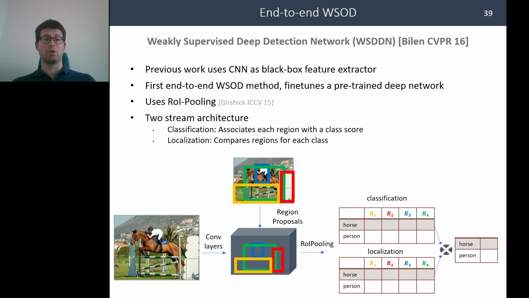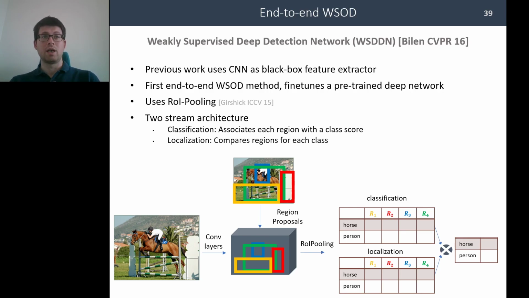This work has shown that we can instead fine-tune a pre-trained network for the weakly supervised object detection task. The authors simply use the ROI pooling from Faster RCNN, Girshick ICCV 2015. The other contribution was a novel two-stream architecture which does classification and localization.